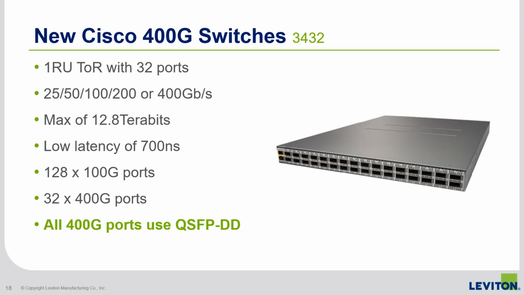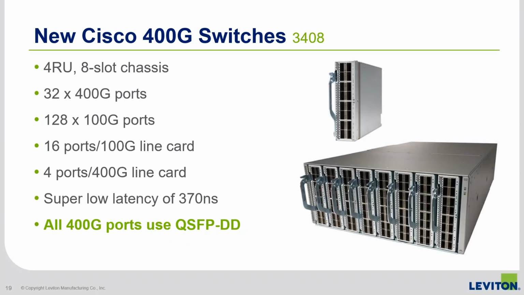From a capability and capacity standpoint, that's the same as the Arista one. It is the 3432 switch from them. They also have a 4U chassis-based solution, a total of 32 400 gig ports, or it can do the 100 gig ports as well. Super low latency with this one, but more options on that.